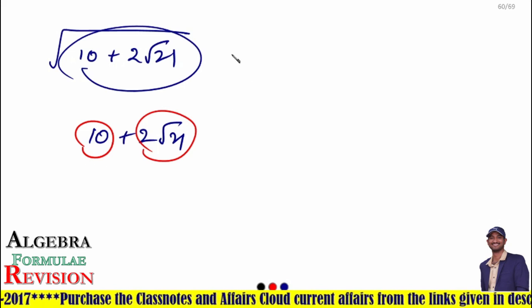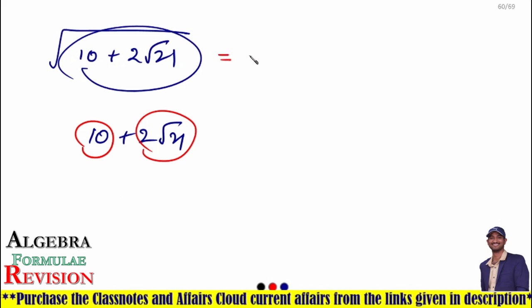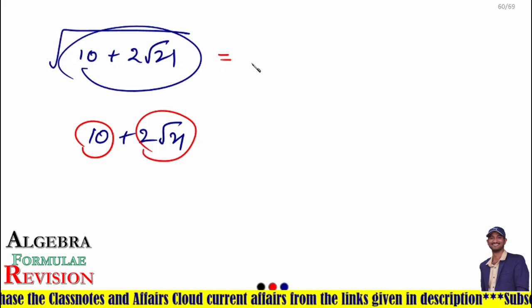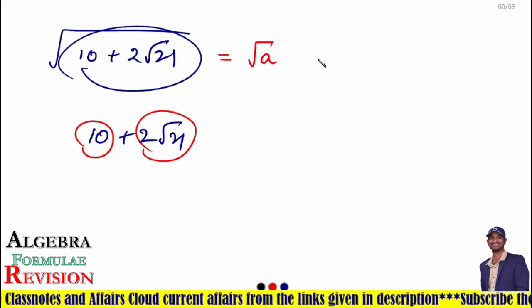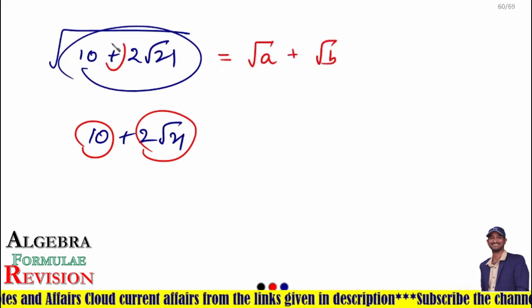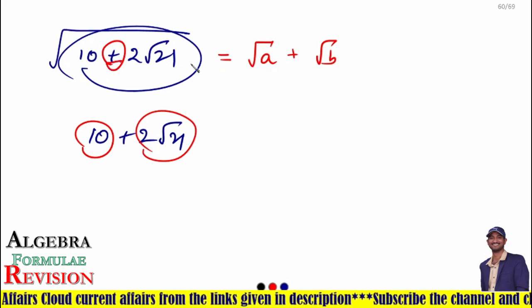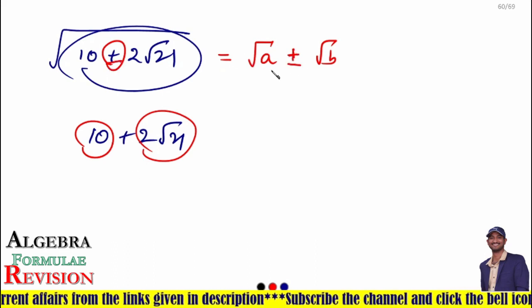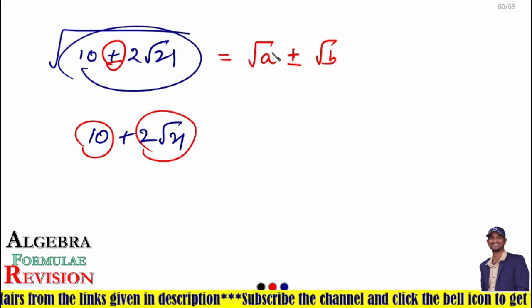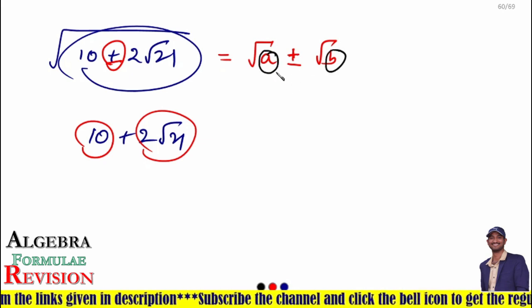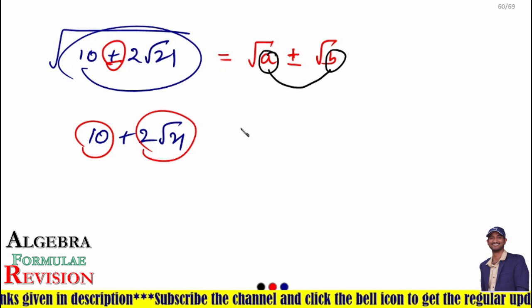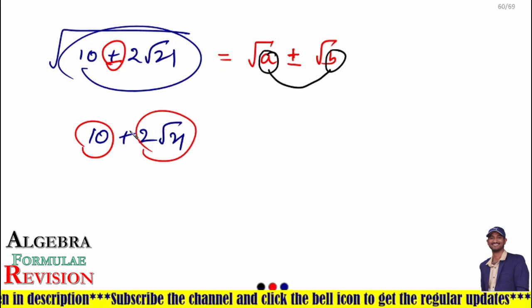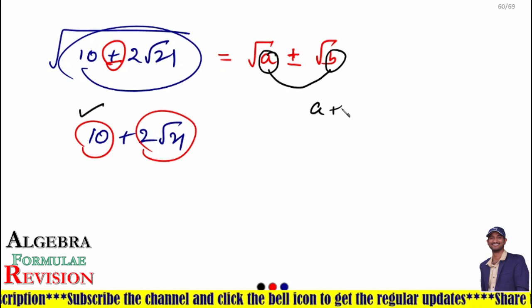So the value of this surd is definitely a surd in the form of root a plus root b. For suppose if I have plus here, then plus. If I have minus here, then minus. Okay. So how do you find out the values a and b? The sum of these values should be equal to the rational part.